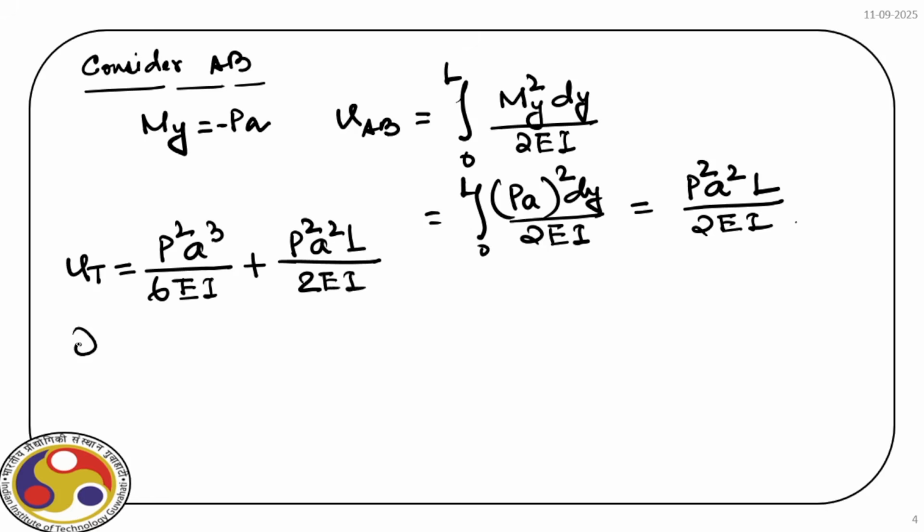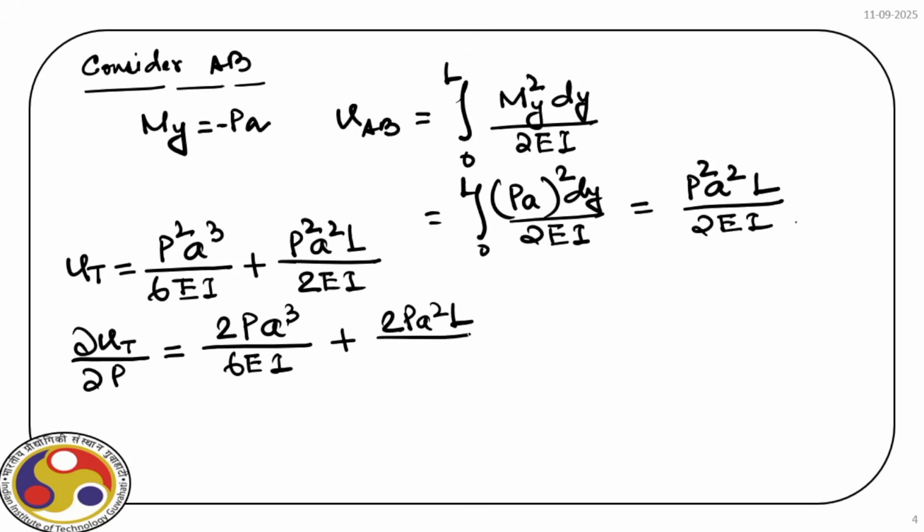Now from the Castigliano theorem, the deflection along the force P is the first differential of the total strain energy with respect to P. Now if you do that, we have 2P A cube divided by 6 EI plus 2P A square L divided by twice EI.